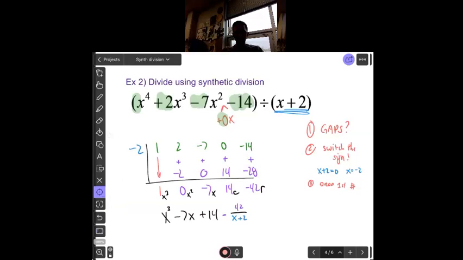The negative 42 became minus 42. If that had been a positive 42, that would be a plus sign, so just following the sign there. Over whatever you were dividing by, right? Not the negative 2. We were dividing by this, x plus 2. So the remainders get written as fractions of the divisor.